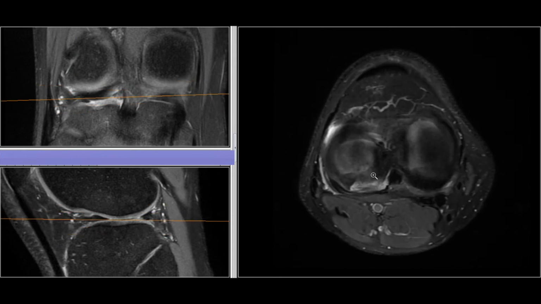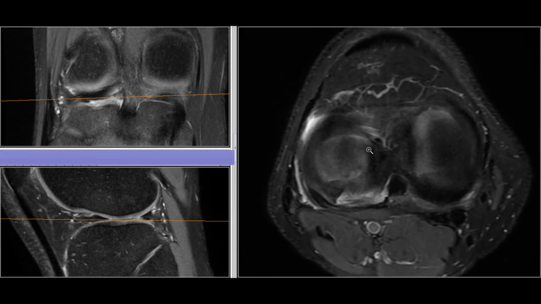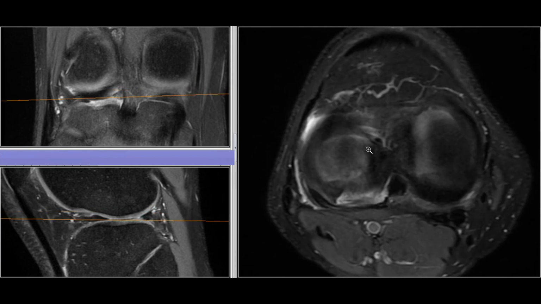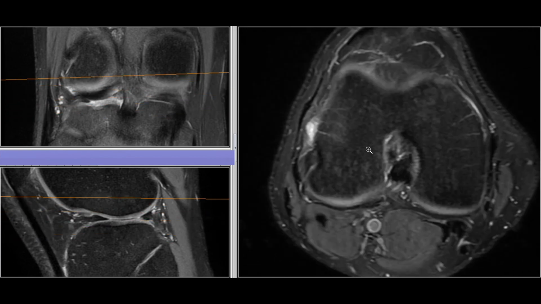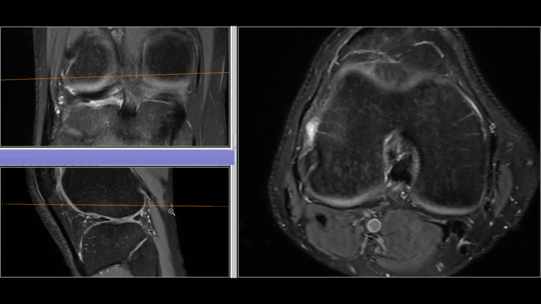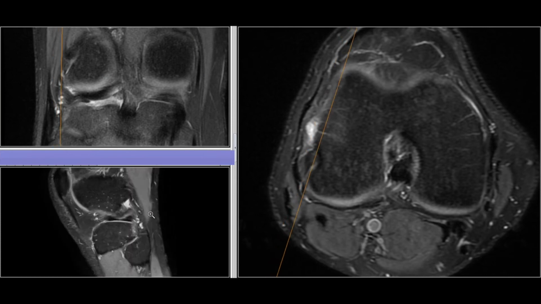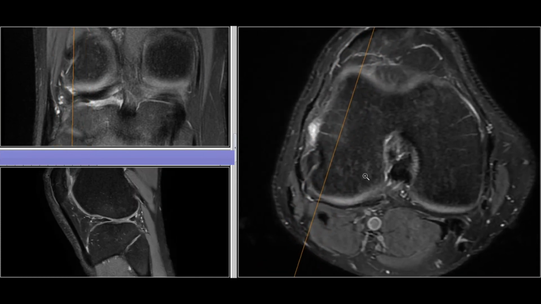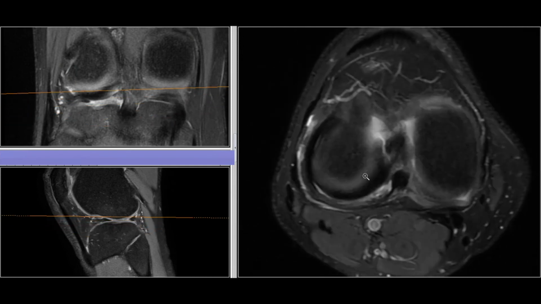I hear arthroscopic surgery generally is not effective at all. It's just as good to have no surgery or fake surgery. I don't know. Should I look into these stem cells? What should I do? I don't know.